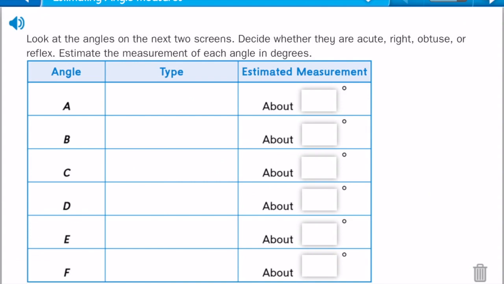Estimate the measurement of each angle in degrees. Another type of angle that we haven't talked about yet is the reflex angle. And a reflex angle is when it goes all the way around plus more. You guys will see what that looks like.